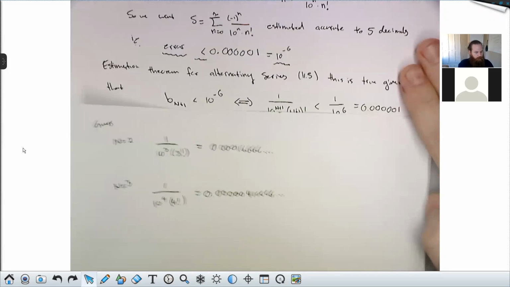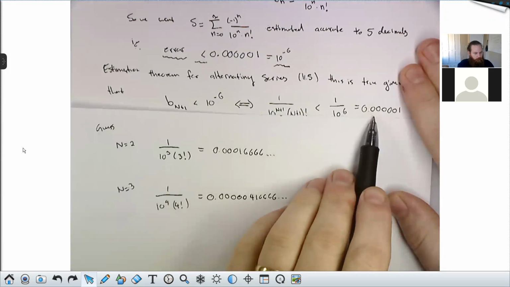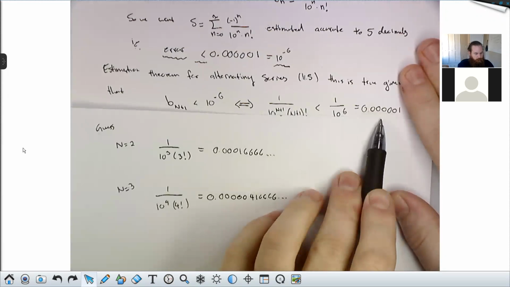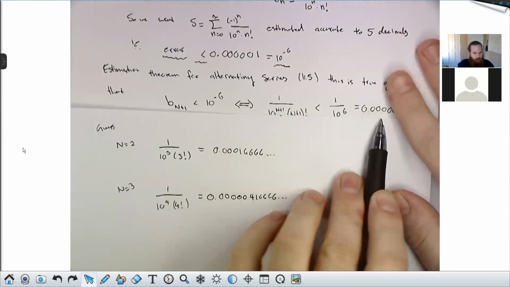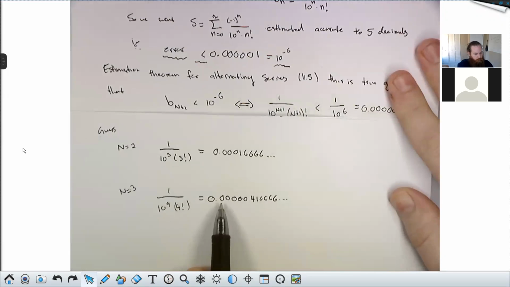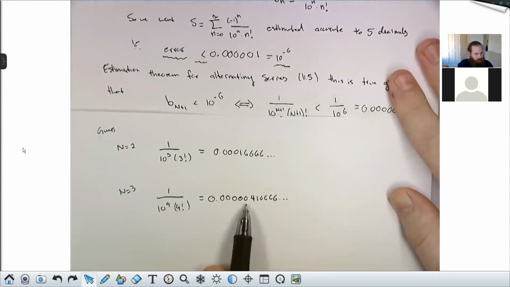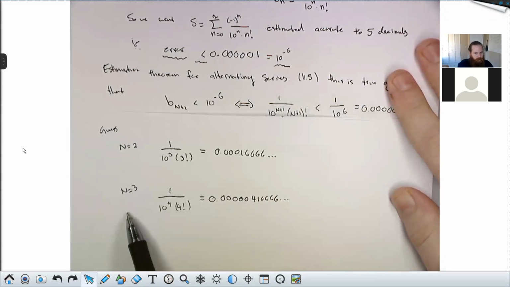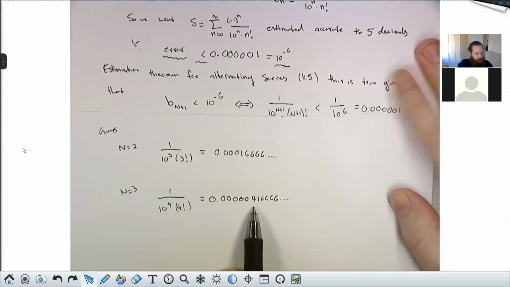And remember what we're trying to do. We're trying to find something here that is smaller than this guy, 0.000001, 10 to the negative 6. So what is this? This is 0, we've got 1, 2, 3, 4, 5, and then in the 6th place here, we have a 4. So n equals 3 isn't going to do it because this is bigger than a 1.